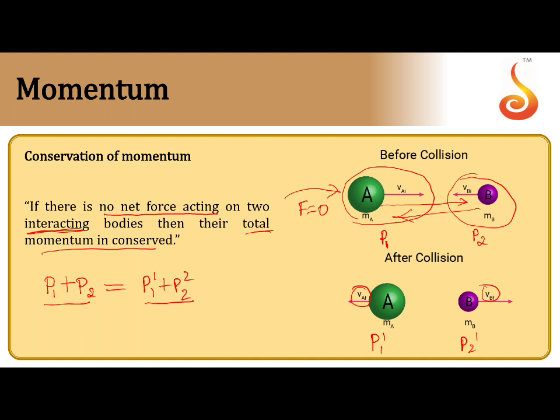I would like you all to understand the sign conventions to be used while solving this problem, because momentum is a vector quantity. Let us consider there is an object of mass m moving in this direction with a velocity u1. There is another object of mass m moving with a velocity u2 in this direction.